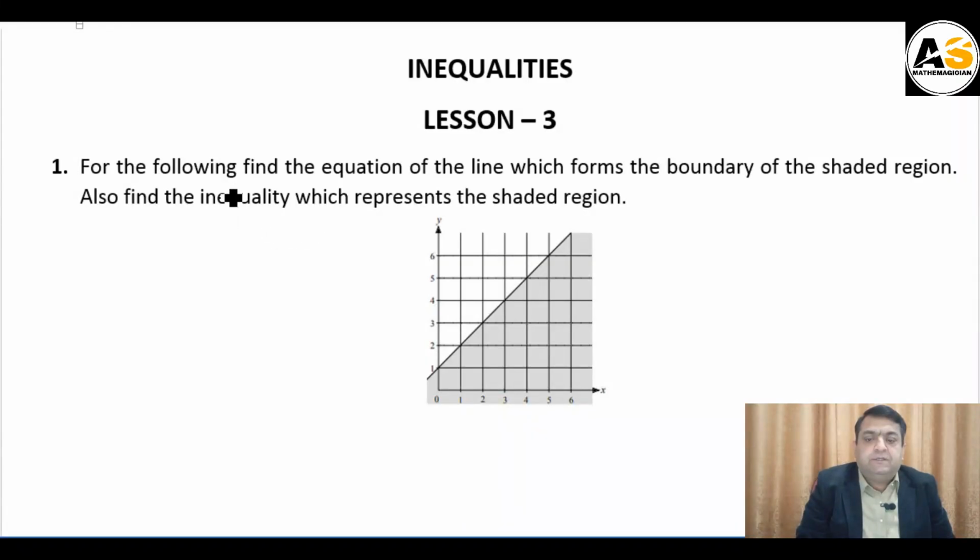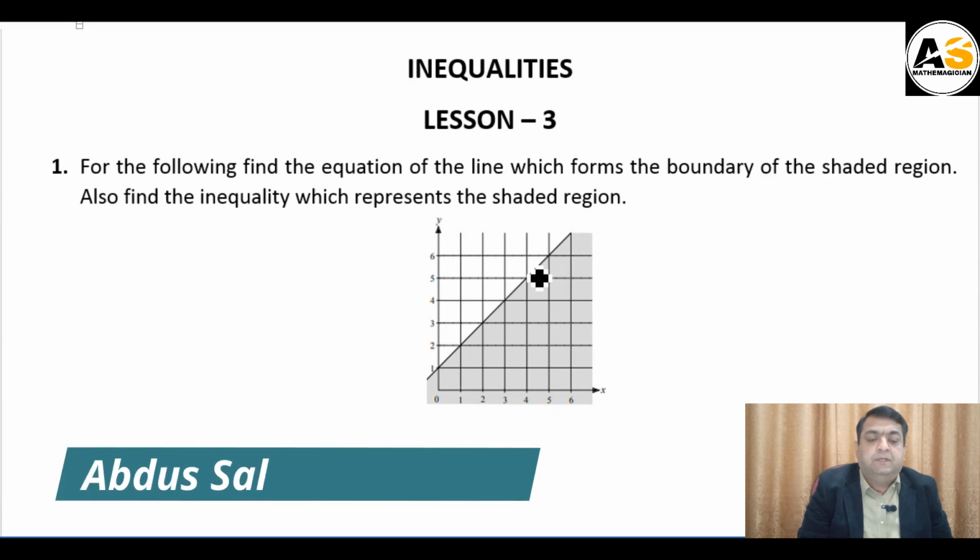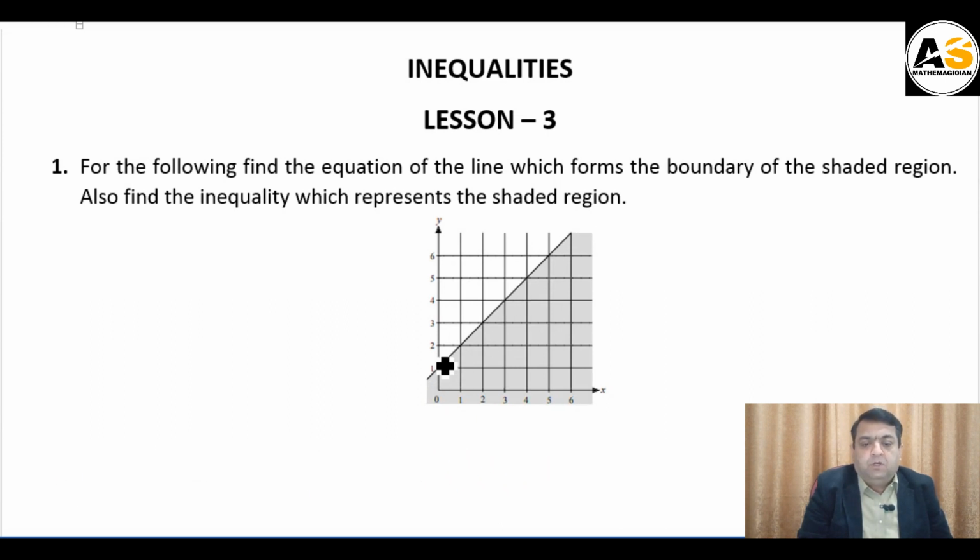Dear student, I have selected a few questions for you. Question number 1: for the following, find the equation of the line which forms the boundary of the shaded region, and also find the inequality. First of all, in order to form the line, I will pick 2 points.